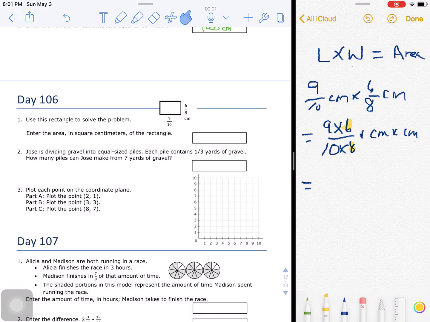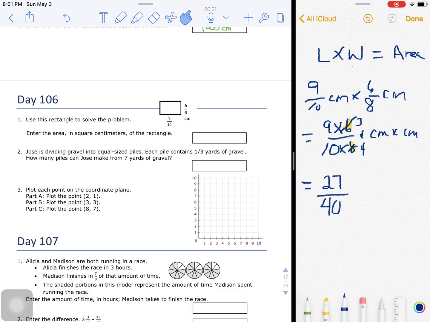I'm going to choose 6 and 8. So 2 goes into 6 3 times, and 2 goes into 8 4 times. Now, there are no other factors that we can simplify, so we're just going to do 9 times 3, which is 27, and 10 times 4, which is 40.